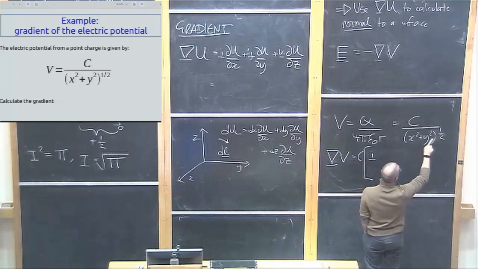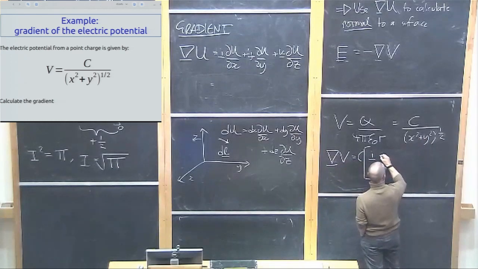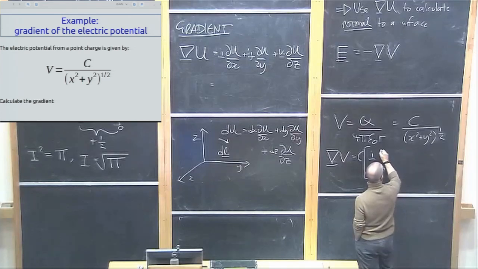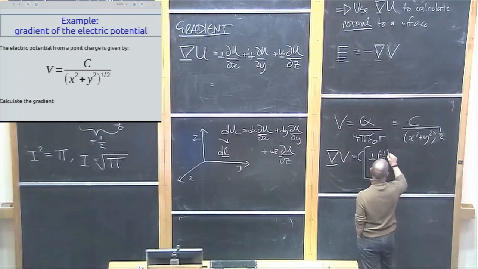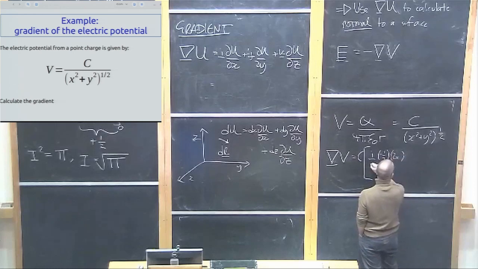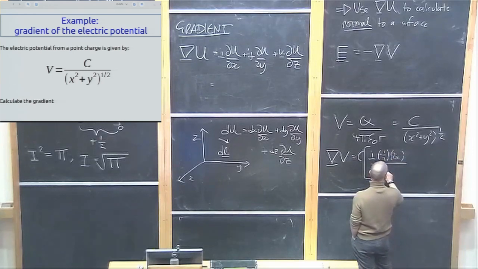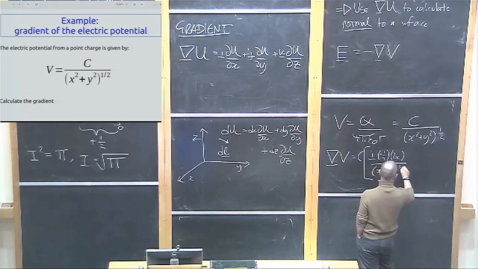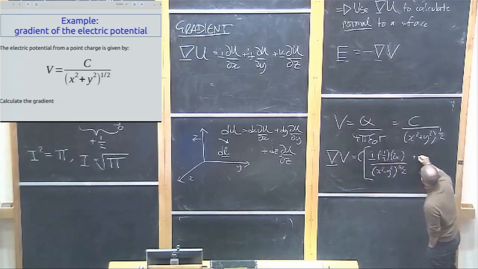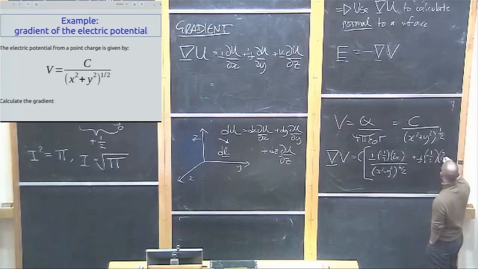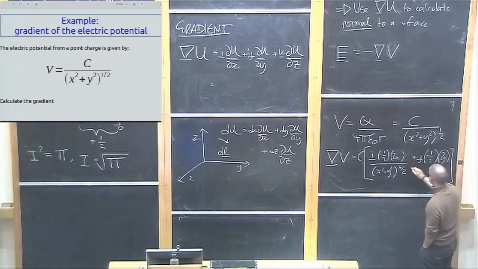i times this differentiated with respect to x, which is going to be minus a half times 2x all over x squared plus y squared to the 3 halves, plus j, and similarly minus a half 2y all over the same denominator.